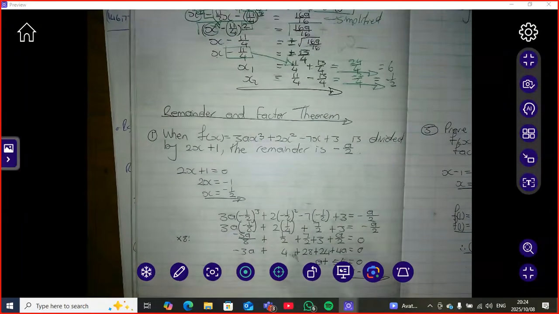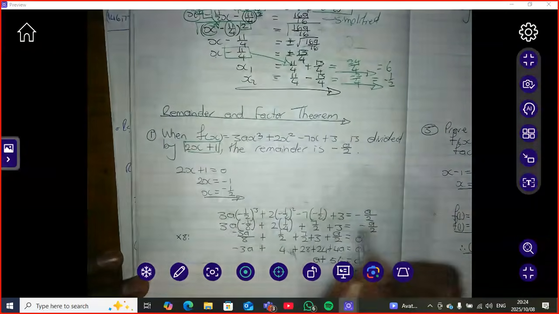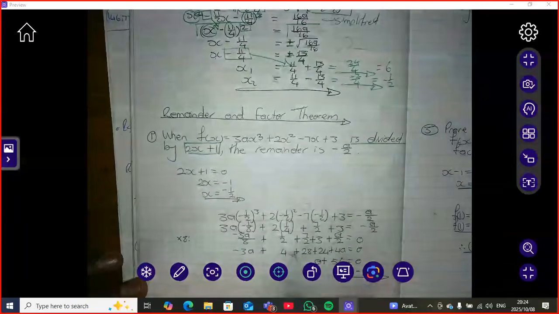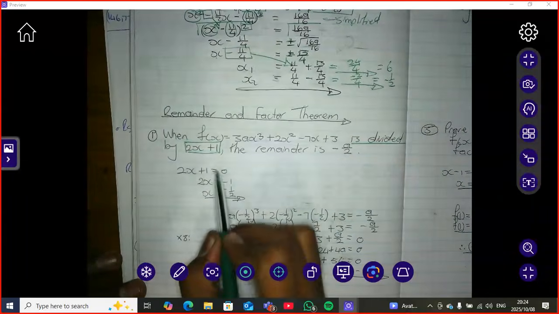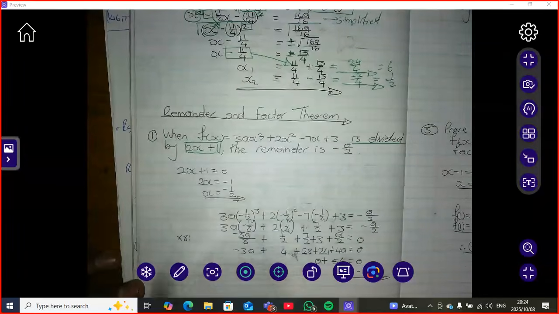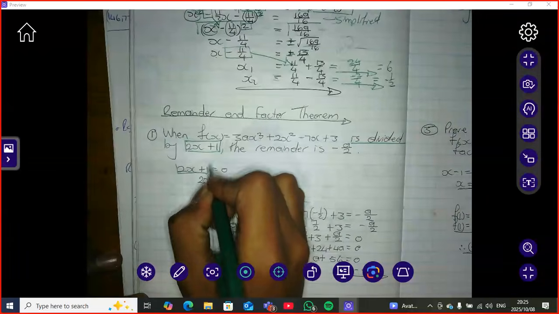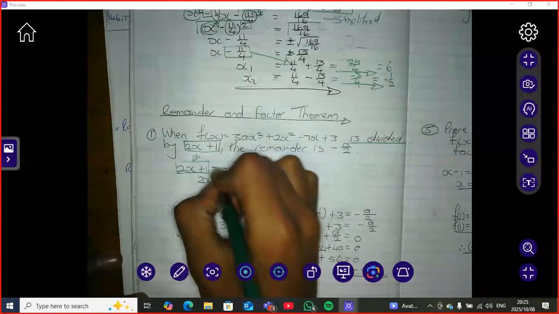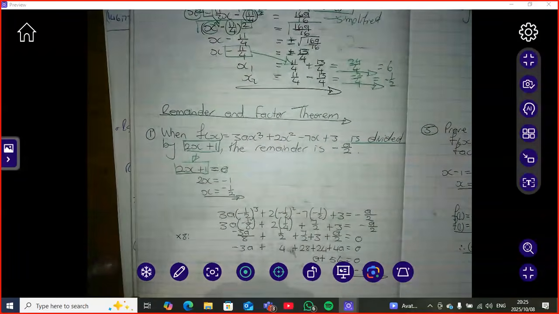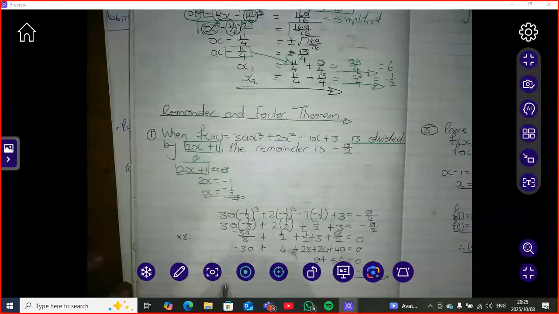So the first thing I do is take whatever it's divided with and set it equal to 0 to get my x value. Then I just solve for x really quickly.